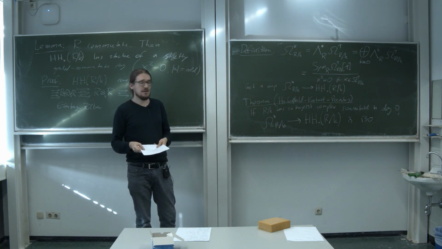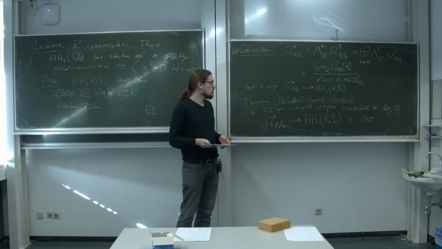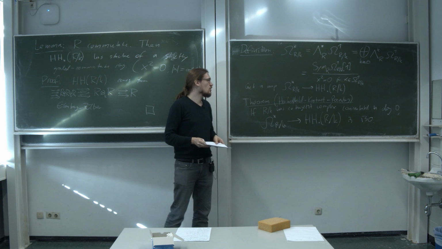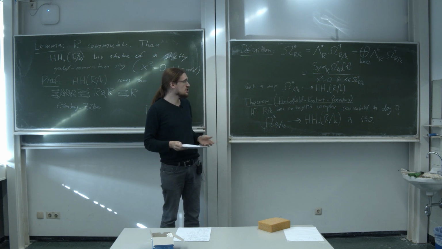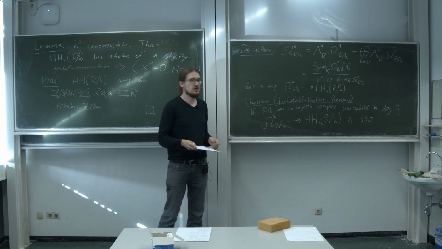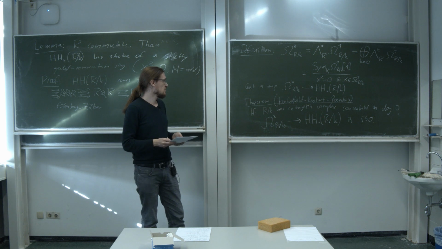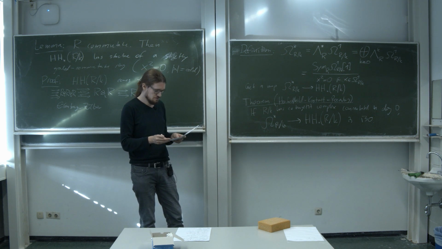We will discuss later what the cotangent complex means precisely. For now, we just point out that this property is satisfied in particular for R being a smooth or ind-smooth K algebra.